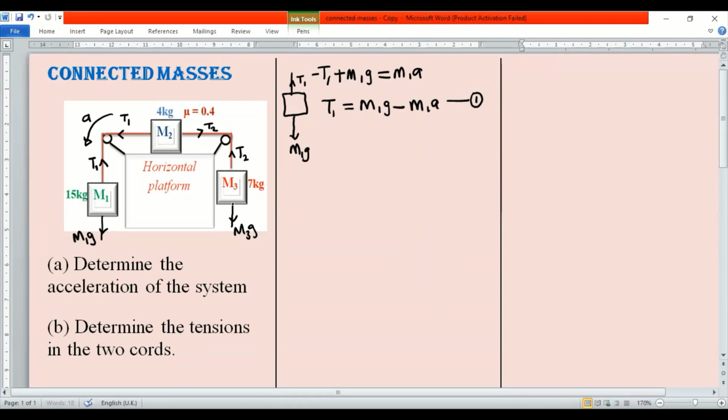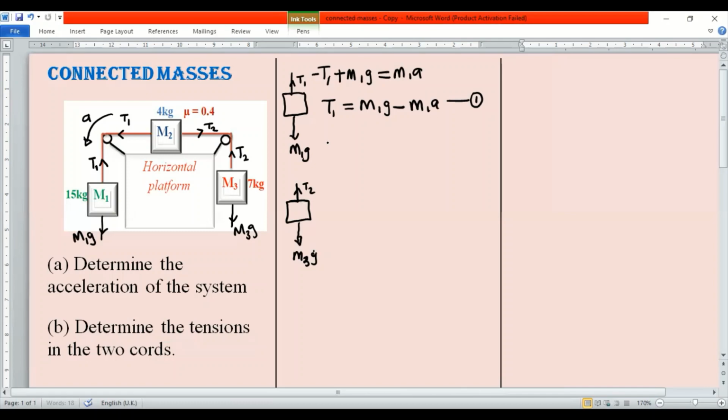Now, if you consider this other suspended mass, you have it this way. That's for the M3, M3G, and this is the tension, T2. Now, this is going up.